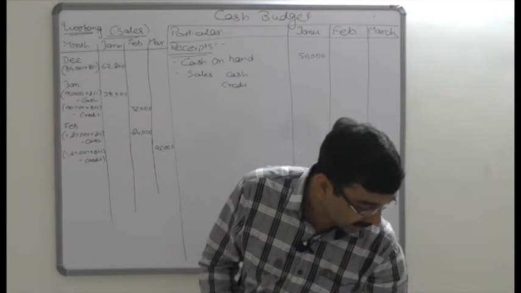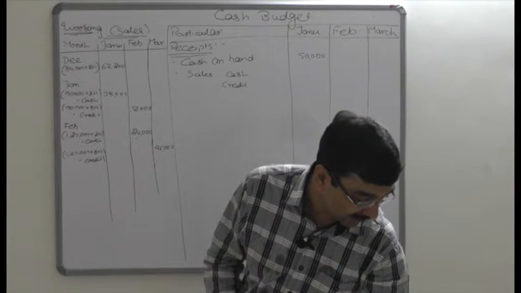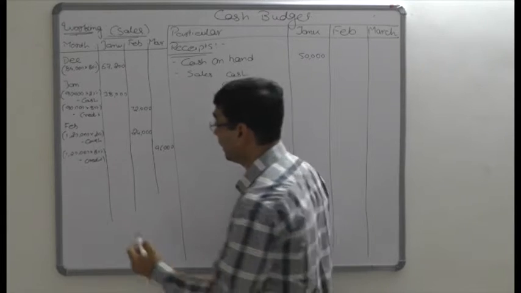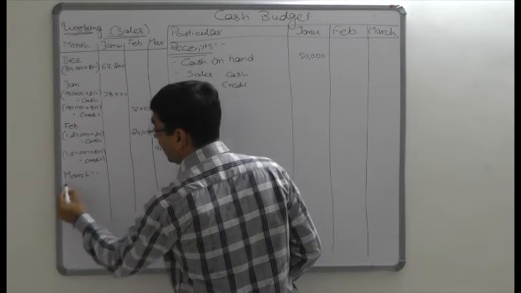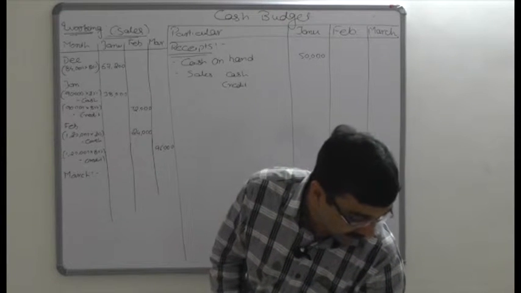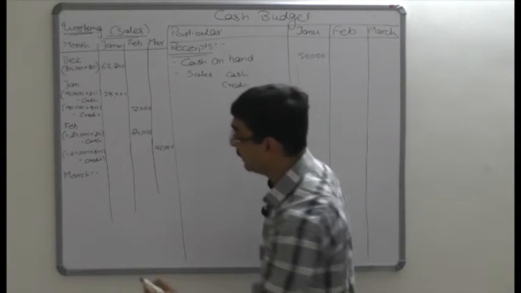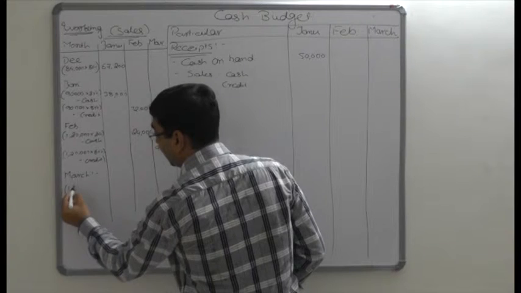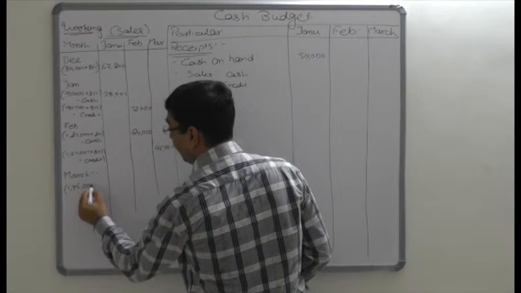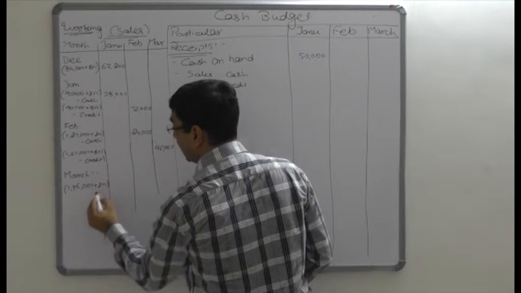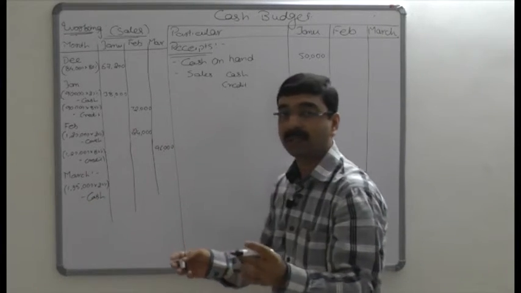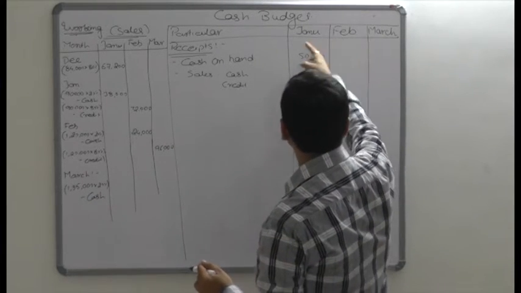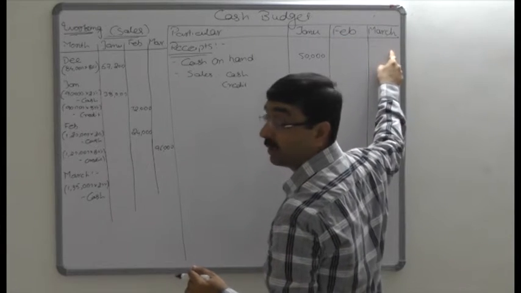See the next sales, that is the month of March sales. Here we want to consider only cash sales. How much is the total March sales given? That is 1,35,000 rupees. So of 1,35,000 rupees sales, 20% is considered, and that is cash sales. We want to consider only cash sales because we are preparing a cash budget only for 3 months, up to March only.